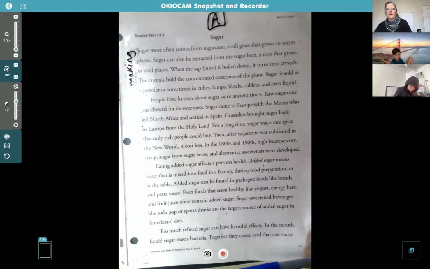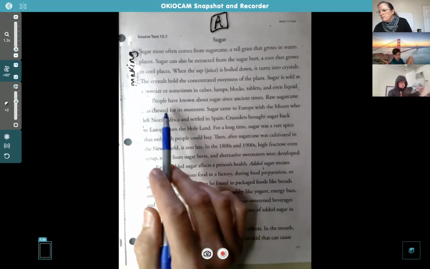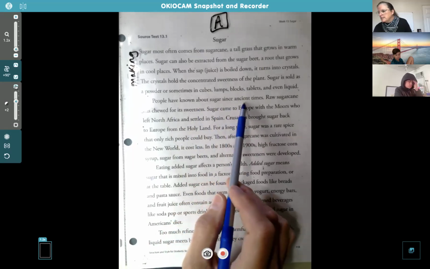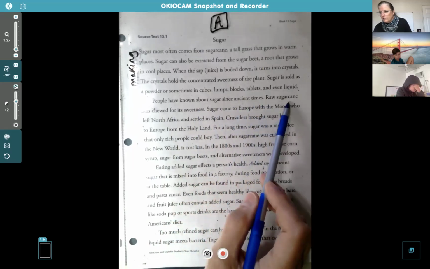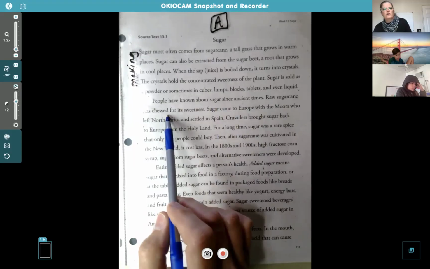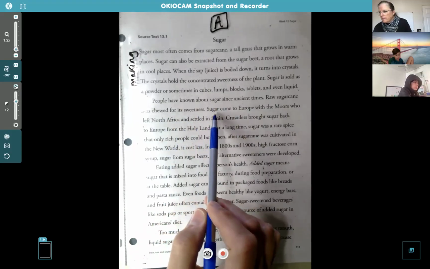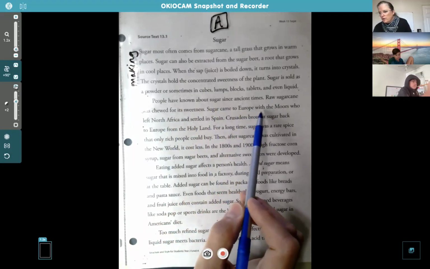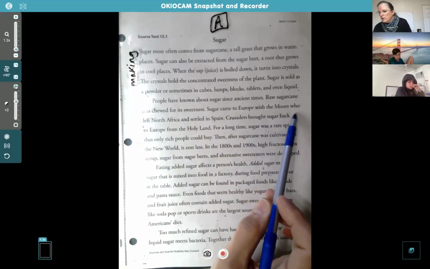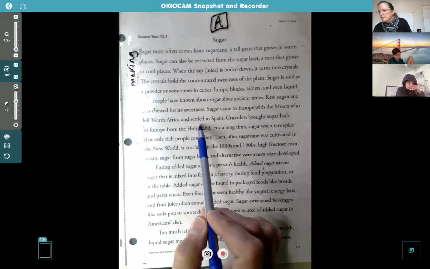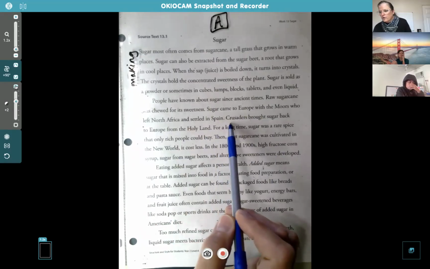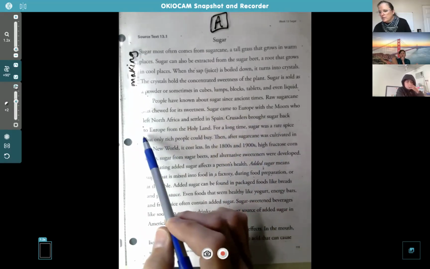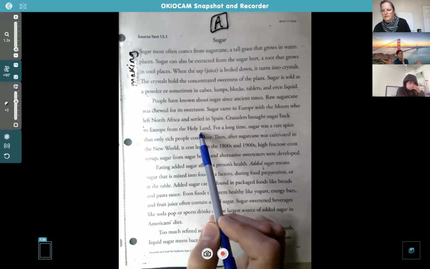I'm going to read the next paragraph. People have known about sugar since ancient times. Raw sugar cane was chewed for its sweetness. Sugar came to Europe with the Moors, who left North Africa and settled in Spain. Crusaders brought sugar back to Europe from the Holy Land.